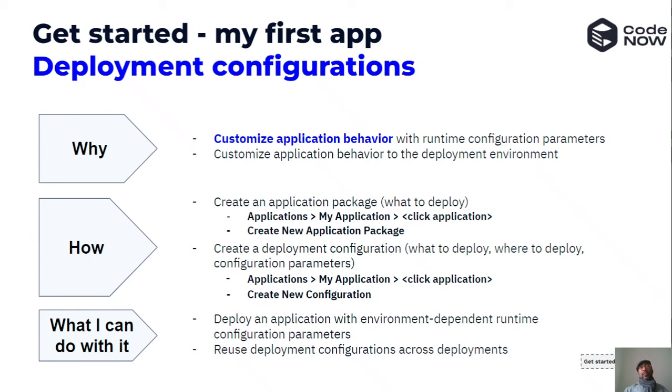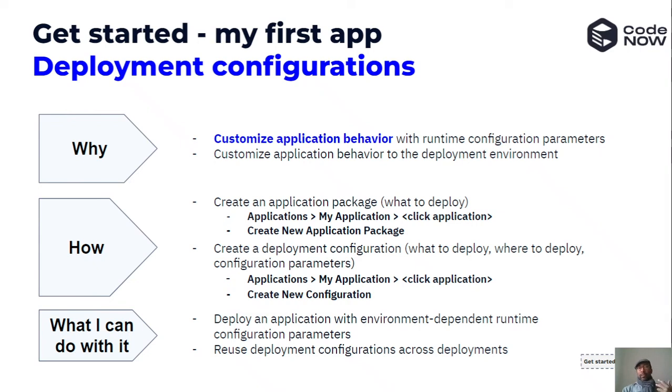The second use case is if you want to, again, parameterize the behavior of the running application. So imagine, for example, that you want to have an application that shows a specific message that is going to be different according to the region in which the end user is.